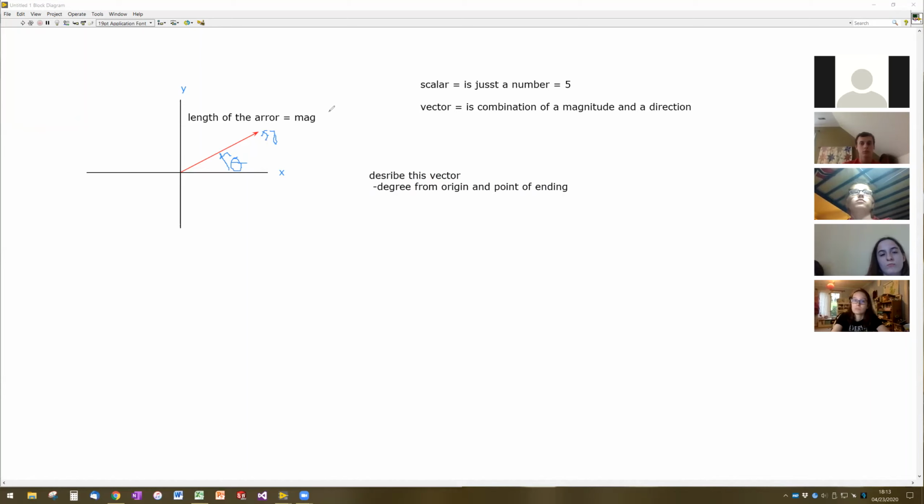So you actually could define this with just, we'll say, knowing the start and end xy coordinates. Does that make sense? Any questions on that?